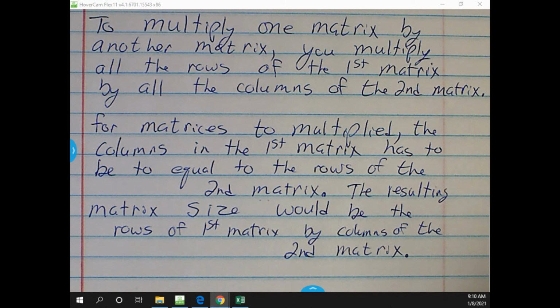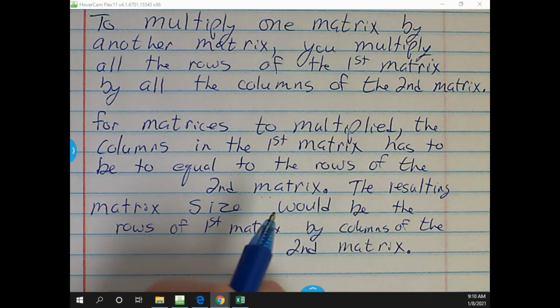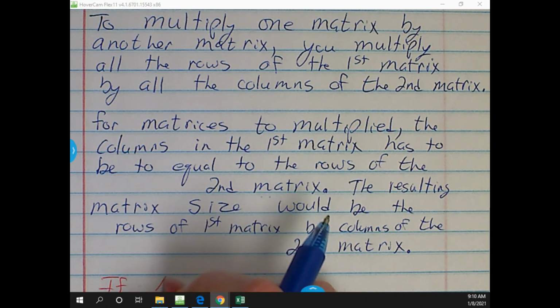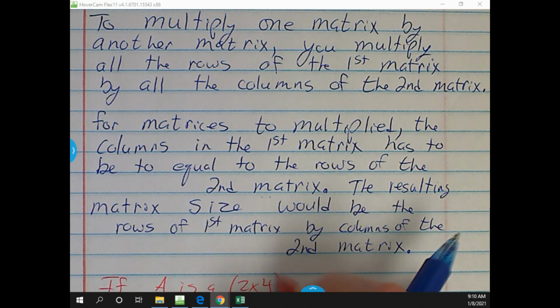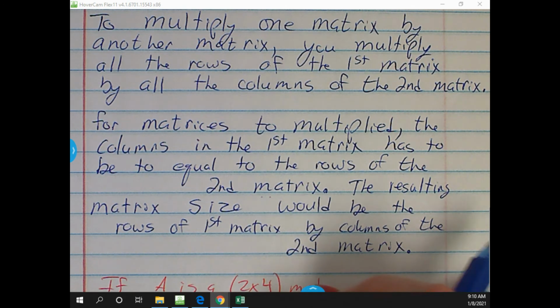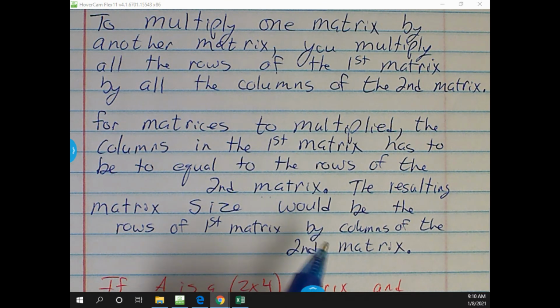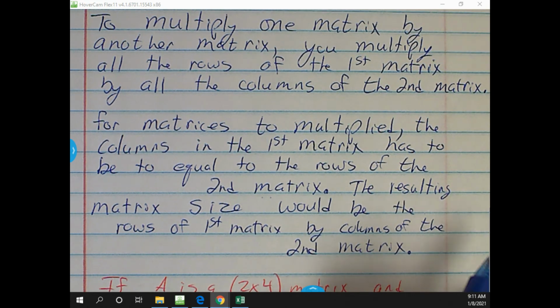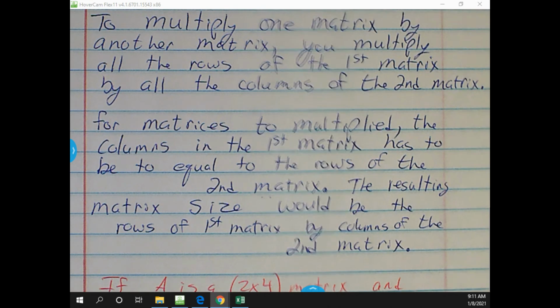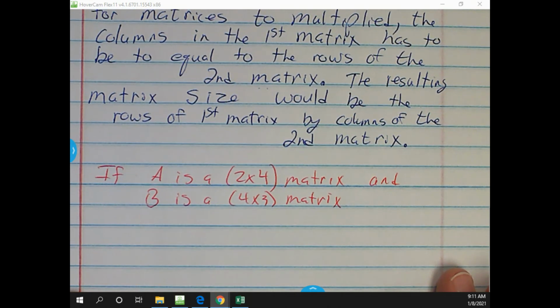Let's say that A is a 2x4 matrix, and B is a 4x3 matrix.